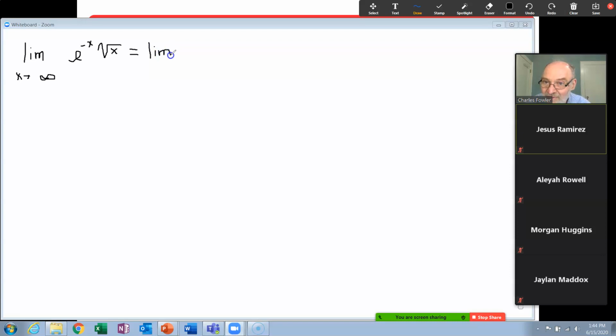Let's just rewrite this in something we can do. Just rewrite this as the limit as x goes to infinity of the square root of x, that's in the numerator, divided by e to the x.